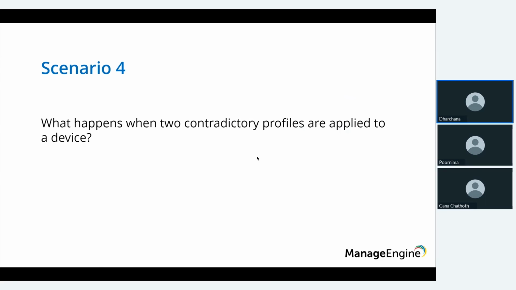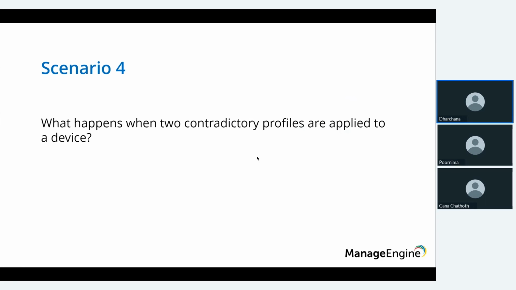So fourth scenario, what happens when two contradictory profiles are applied to the device? It depends on the operating system again. If it is an Apple device, the most stringent or secure policy will get applied on the device. Let's say there are two profiles, one with camera restricted and the second one with camera allowed.